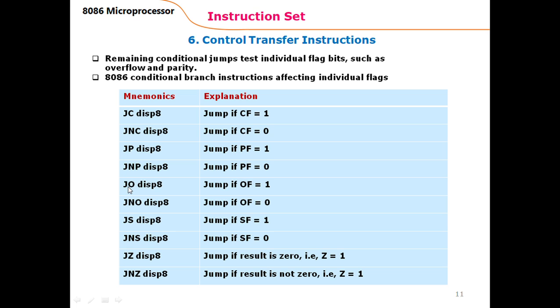And similarly, there are two instructions for overflow. Jump if overflow: if the overflow flag is 1, it will cause the jump. Jump if no overflow: if the overflow flag is 0, the jump will happen.